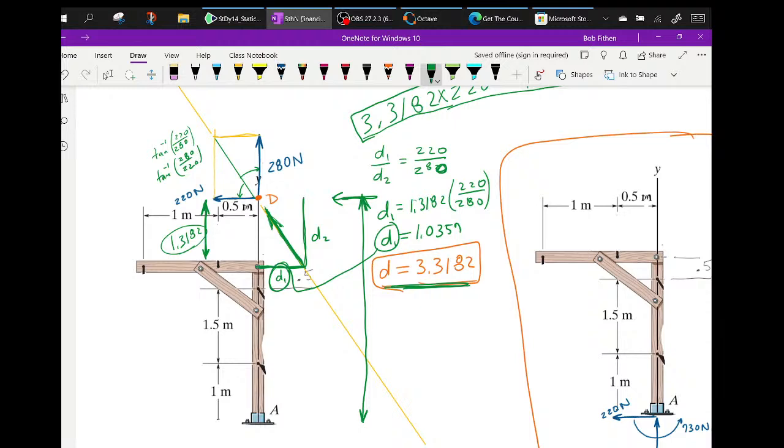Oh, I'm sorry. So if that's a half, and this is 1.5, and that's 1, then that is 1 plus 1.5 plus a half. That makes that 2. Wait, that makes that 3. Not 2. This is 2.5, and then another one. So this means this distance is not 1.3.